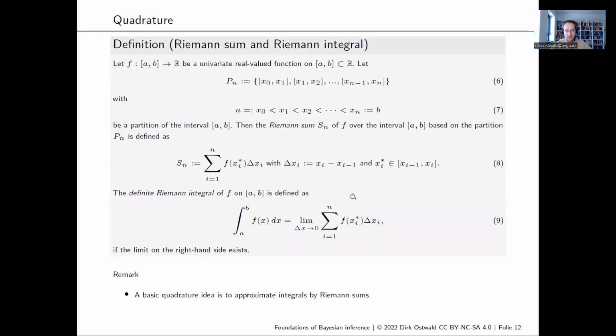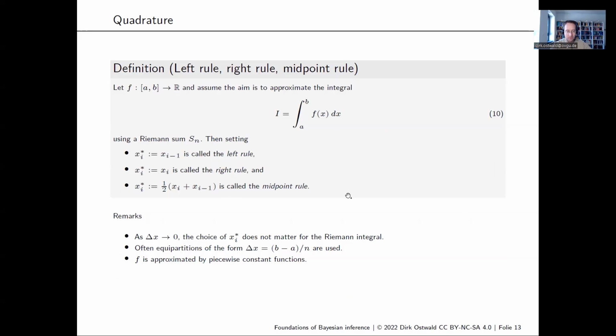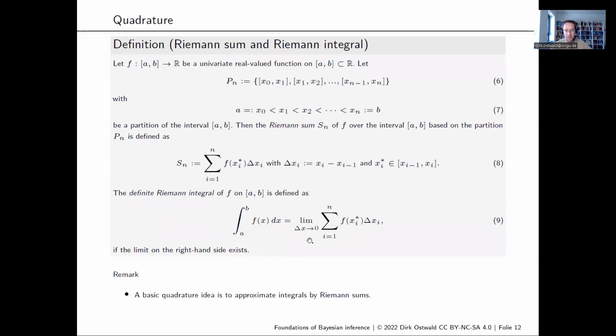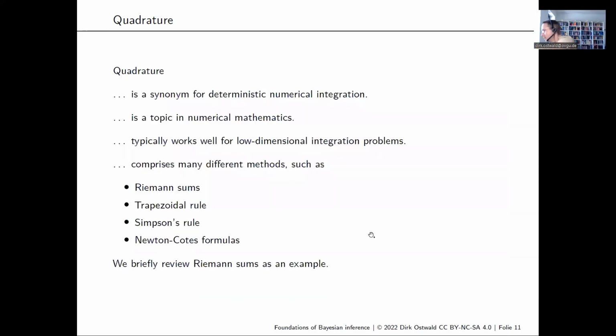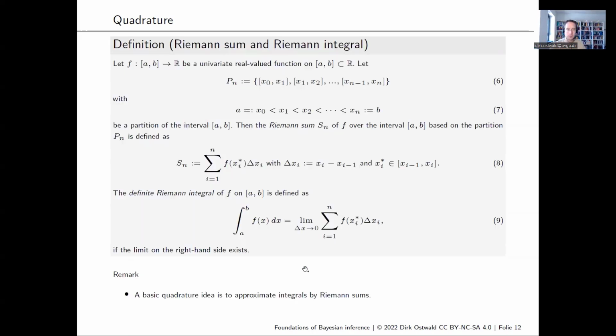The thing is, regardless of what you do there, if you make the width of the interval, not the integral, of the interval smaller and smaller, this sum here converges to the definite integral that you're trying to find.